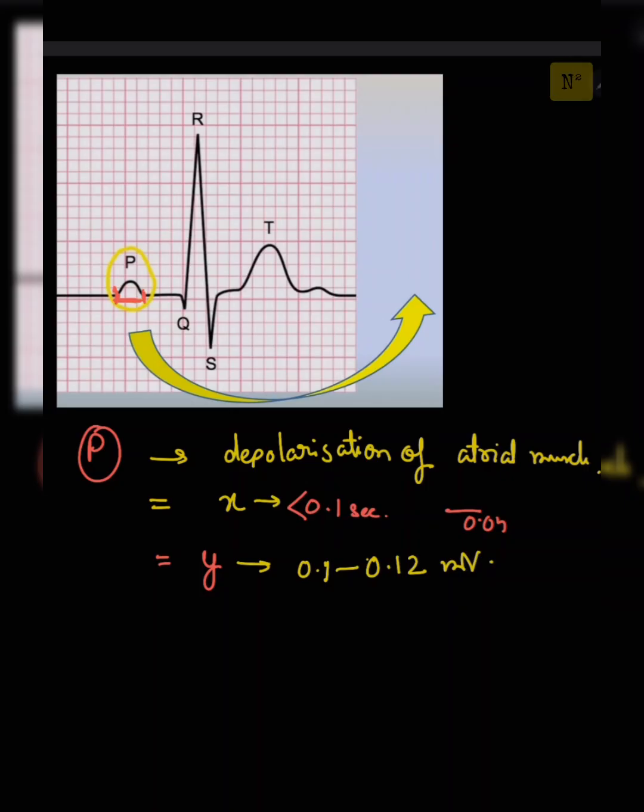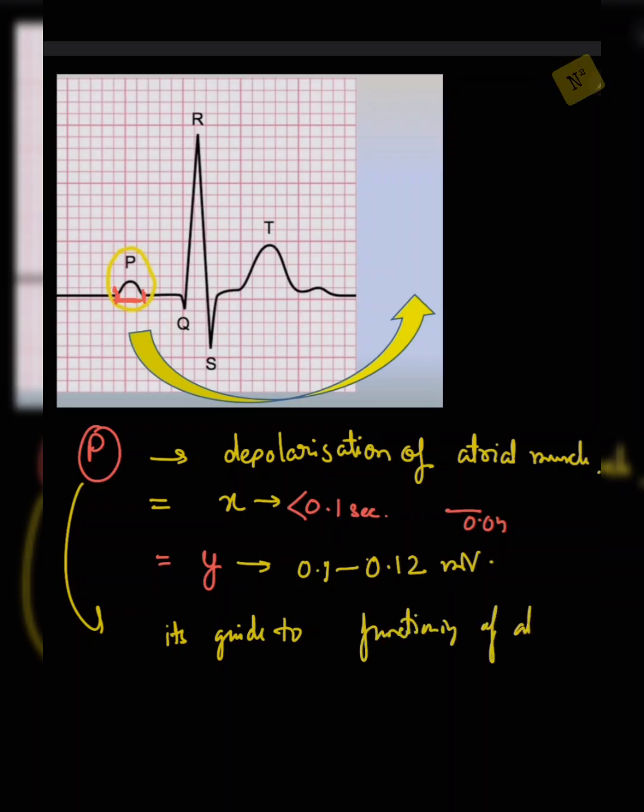Now the clinical significance of this P wave is that it's a guide to the functioning of atrial musculature. So you will be able to know whether the atrial muscles are working fine or not. Usually these P waves are seen to be enlarged.